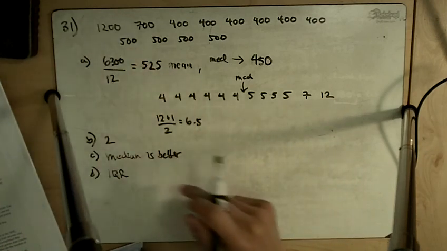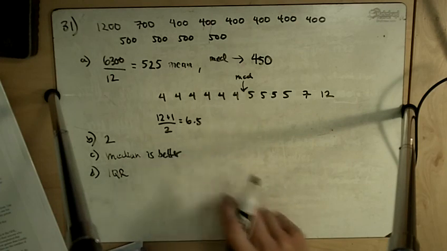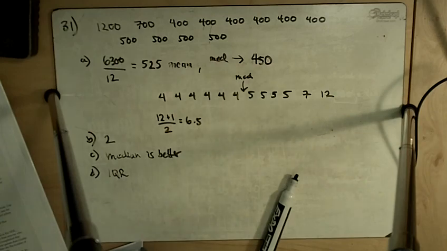But anyway, parts A, B, and C, we have the mean, the median, and that's that for problem 31.